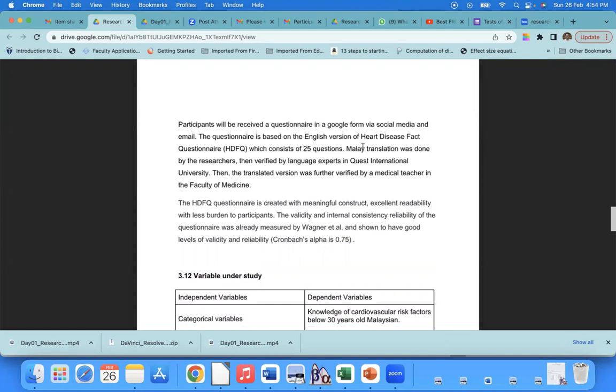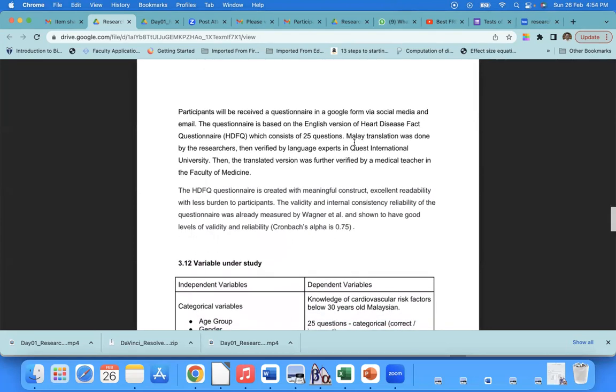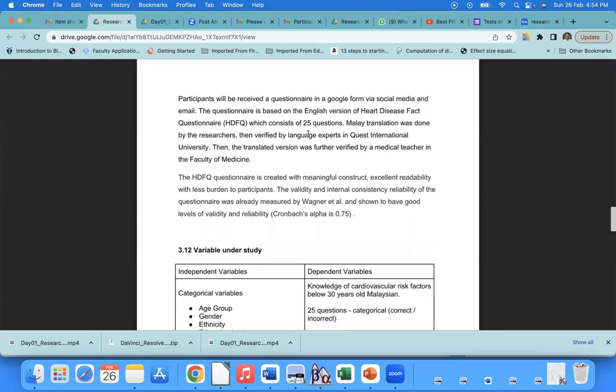The questionnaire is based on the English version of the heart disease fact questionnaire. Malay translation was done by the researcher, then verified by language experts in Quest International University. Then the translated version was further verified by a medical teacher.